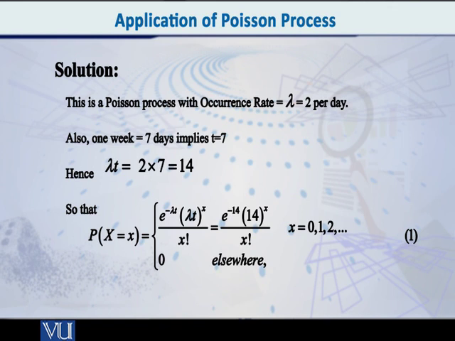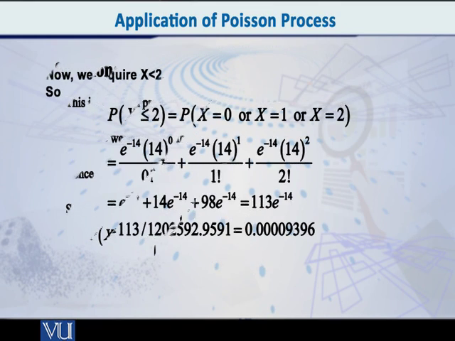The question said, find the probability that at the most 2 minor accidents occur during an entire week. तो students, अगर हम at the most 2 कह रहे हैं, तो इसका क्या मतलब हुआ? Obviously, x less than or equal to 2, which means either x is equal to 0 or x is equal to 1 or x is equal to 2.